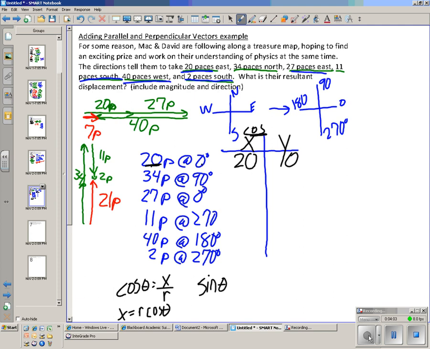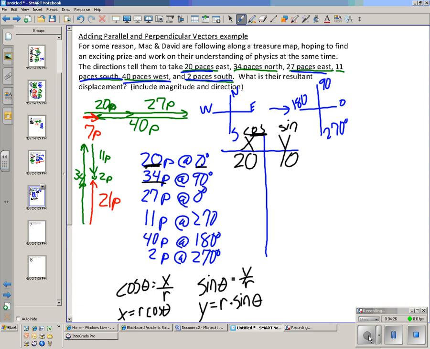Some folks aren't quite as comfortable with the trig functions. The y component is equal to r times the sine of theta. So I'd be saying 20 times the sine of 0 is going to give me 0. Anyhow, I can go ahead and go through all these.